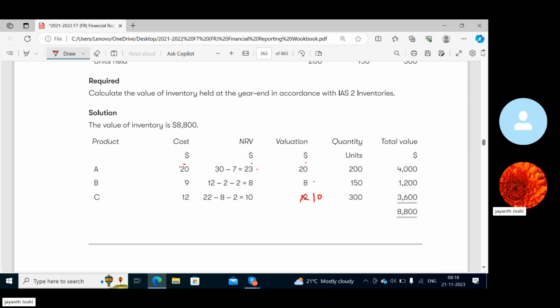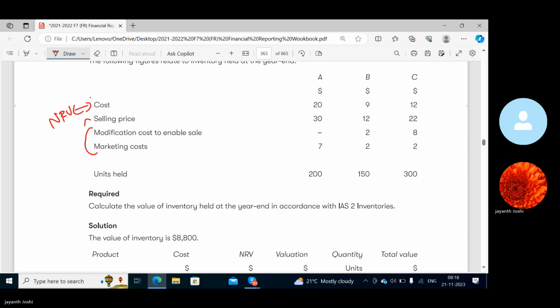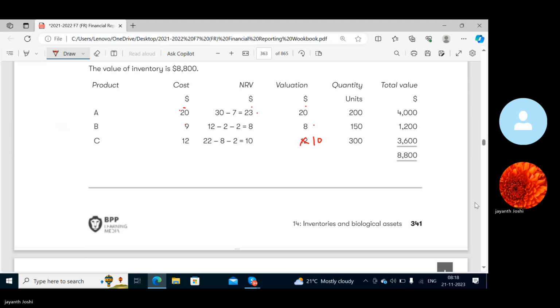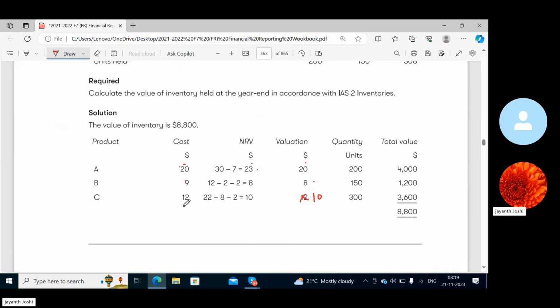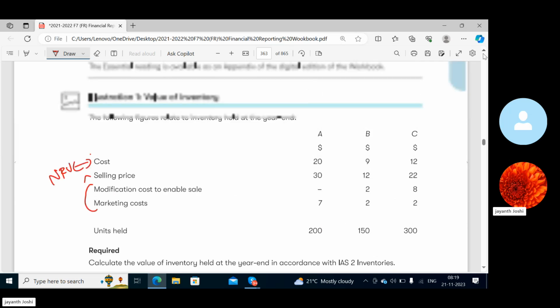So a printing error. The cost is 12. 22 minus 10 is 12.